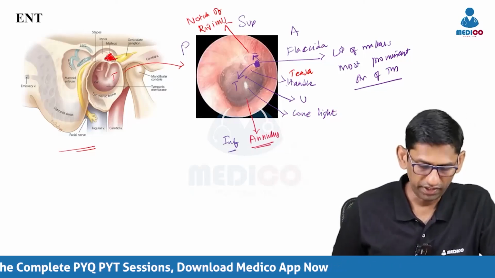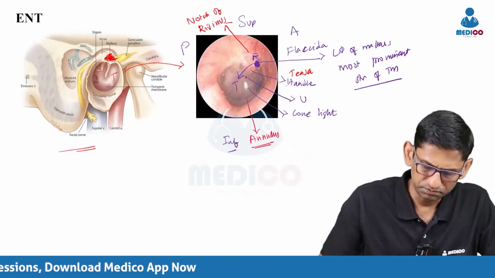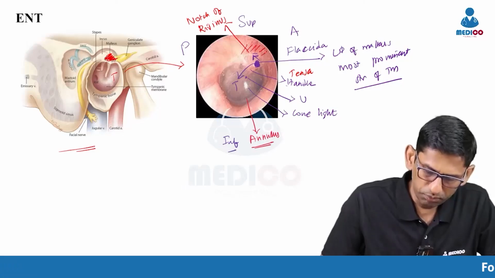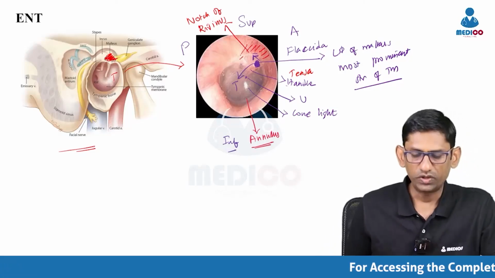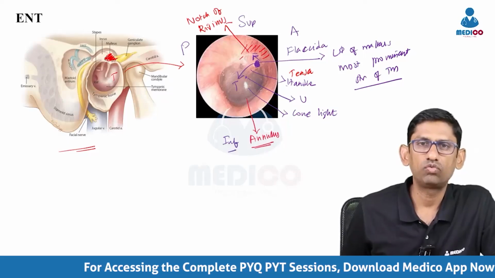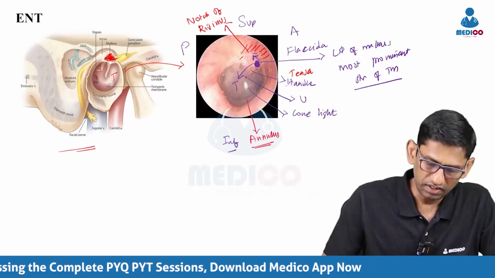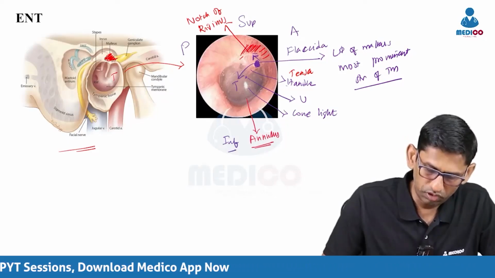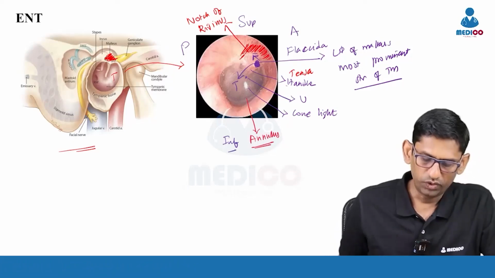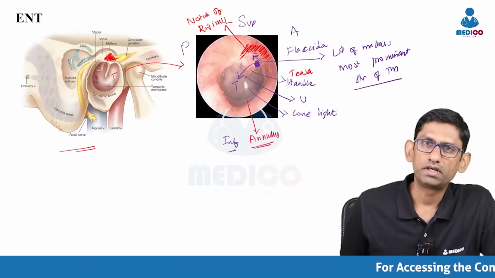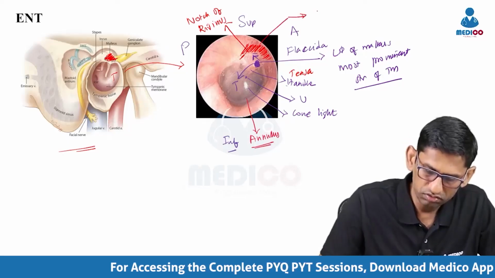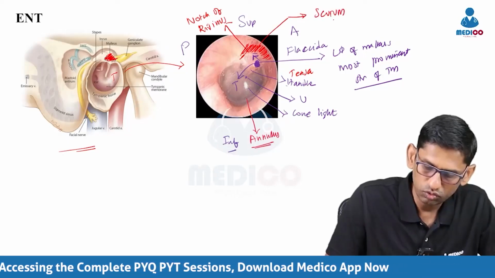Okay. At the end of this area, what is this bone? The bone above the pars flaccida, which forms the lateral wall of the epitympanum, the lateral wall of the attic, that bone is called the scutum.